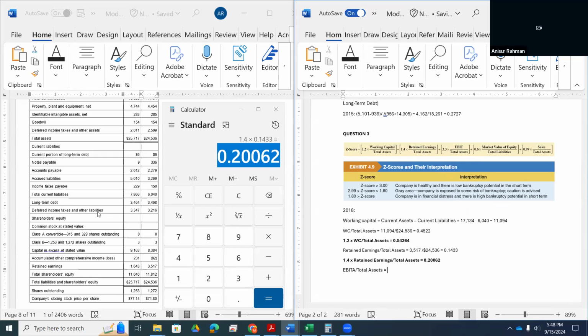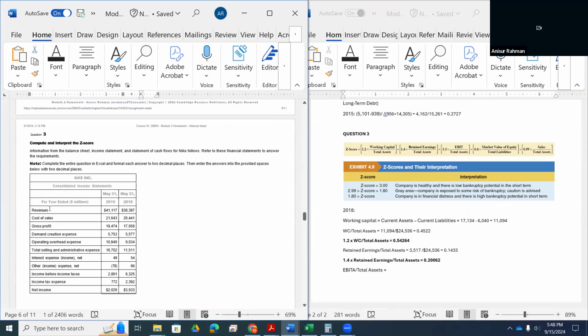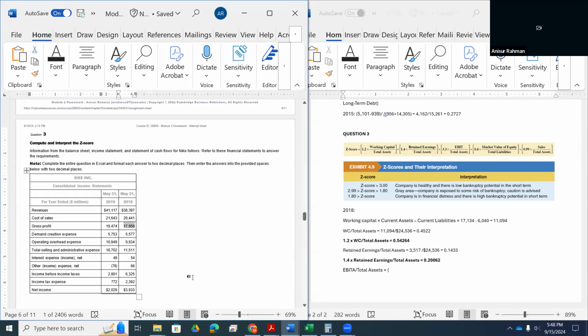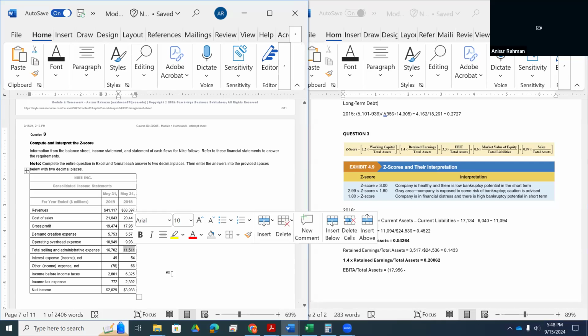Our EBIT is operating income, so it doesn't give us EBIT directly, so we have to calculate it, which will be our gross profit, 17,956 minus the sum of demand creation expense and operating overhead expense, which is 11,511.